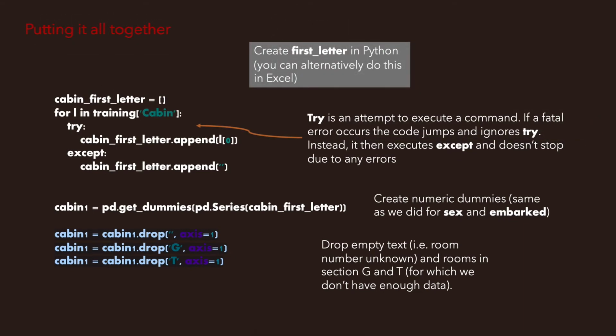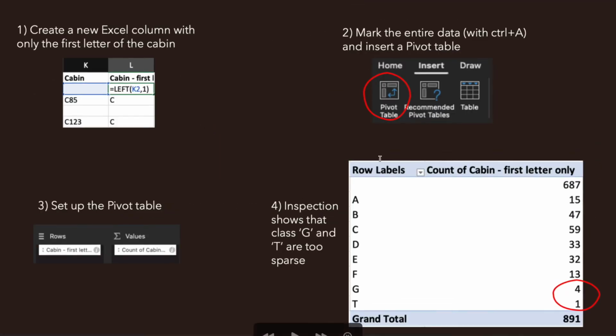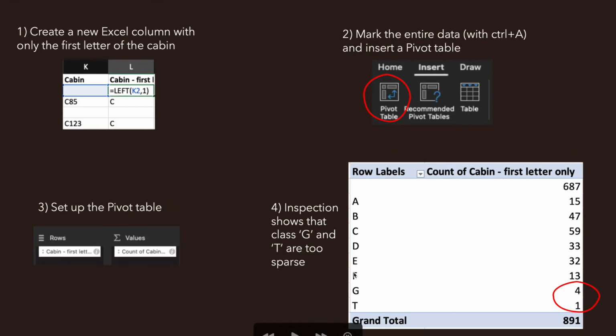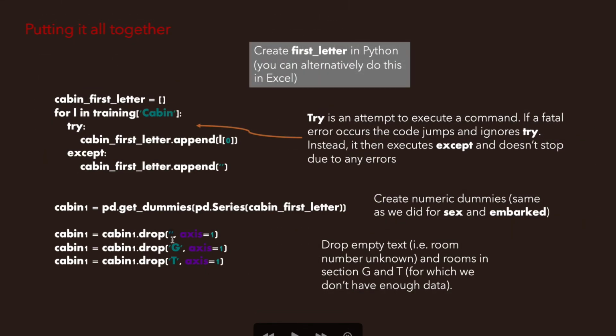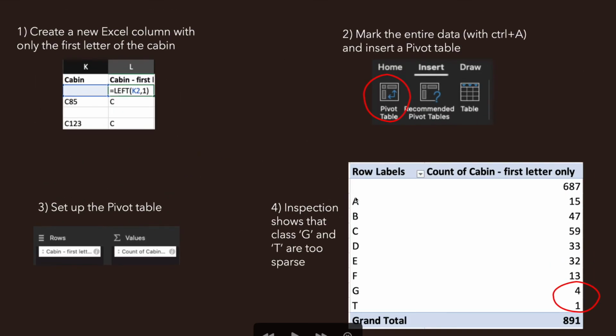To make it easy, we say that the empty string we used for handling missing data is just the absence of all the other columns that have information, and because I'm pretending G and T don't have information, I'm also going to put them into the same bucket. So we drop all 3 of them, and all 3 of them will just be treated as not being A, B, C, D, E, or F.